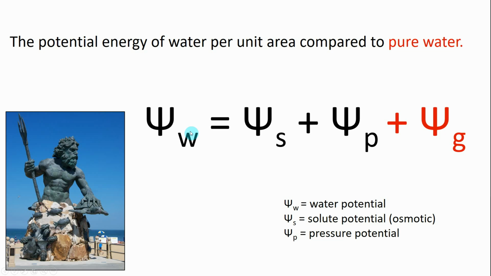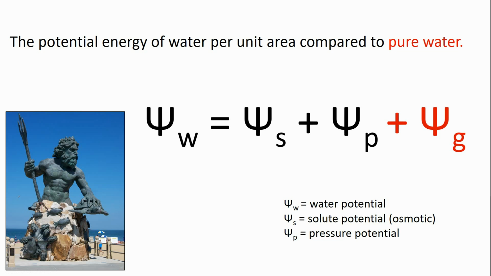Water potential equals solute potential plus pressure potential plus gravity potential. Now, gravity potential is very much in red here. When you are looking at the water potential of a cell, gravity is negated.